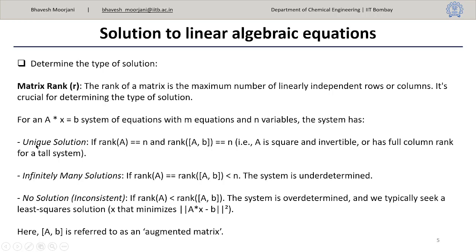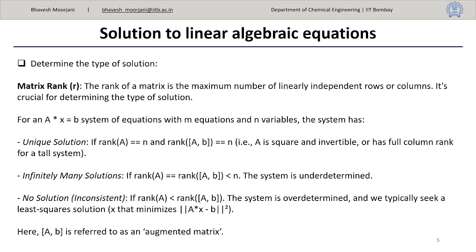But right now for our purpose we have to focus on these parts, whether the system has a unique solution, infinitely many solutions, or no solution. Okay, so solving a system with no solution using the least squares method is a different aspect. We might touch on it later down the course or not, right?